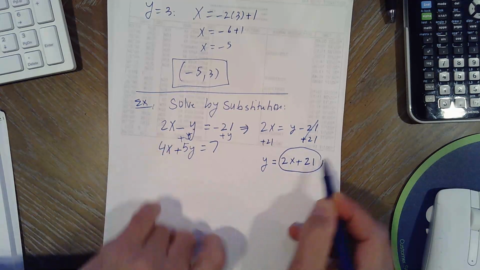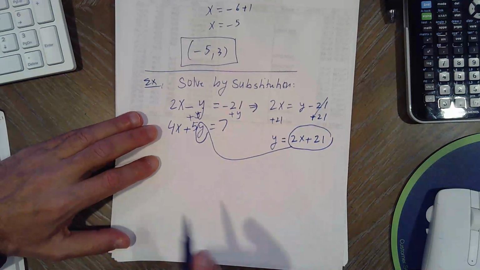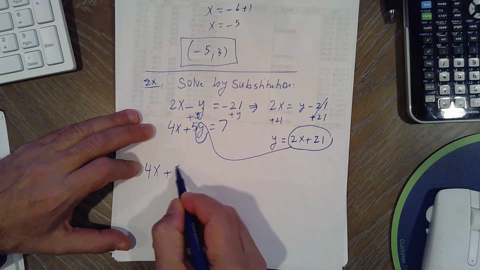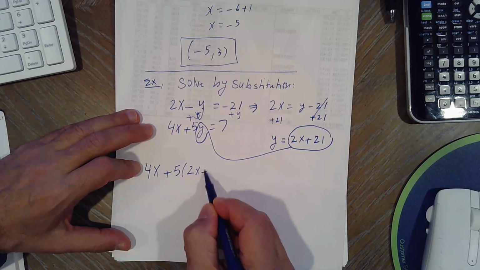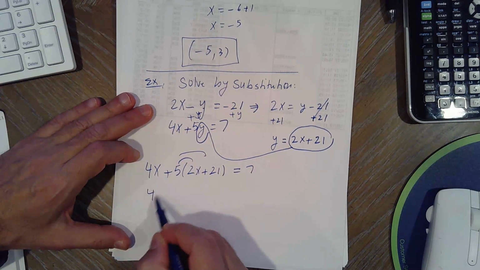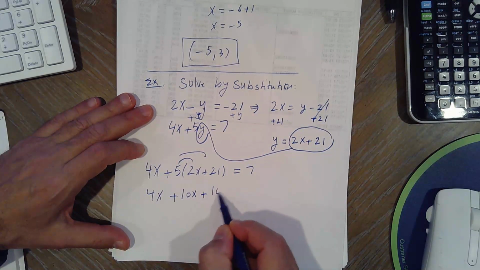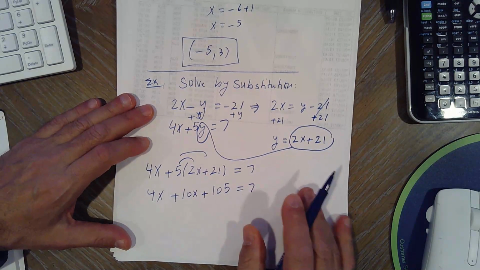So we take all this and put it in there. So we have 4x plus 5 times (2x plus 21) equals 7. Distribute the 5. That's 10x. 5 times 21 is 105, equals 7.